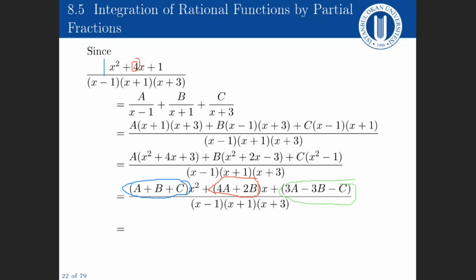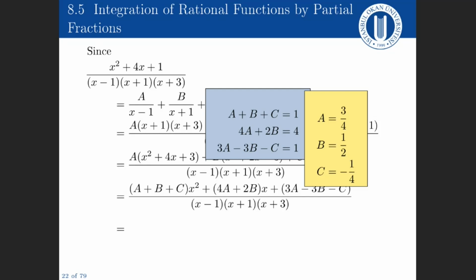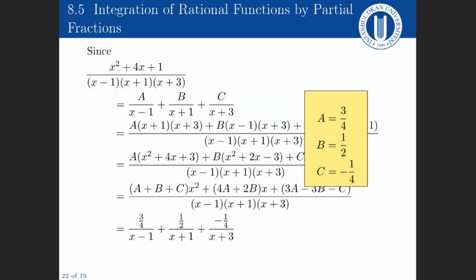And 3a - 3b - c must be the same as 1. And if we solve this linear system, we get that a must be 3/4, b must be 1/2, and c must be -1/4. So our function is (3/4)/(x - 1) + (1/2)/(x + 1) + (-1/4)/(x + 3).